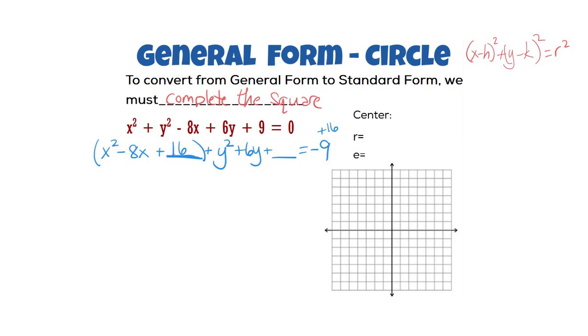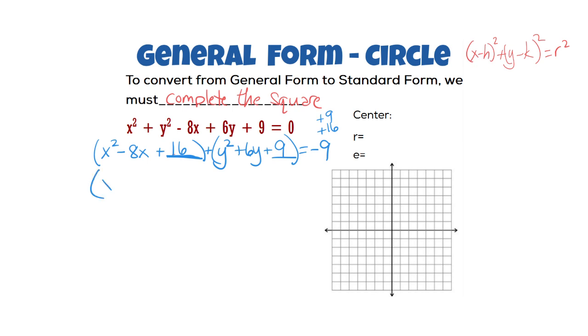Then I'm going to do it again with the y's. Half of 6 is 3, squared is 9. So if I'm going to put a plus 9 there, again, I'm just going to do these parentheses, but I probably won't ever do that again. Put a 9 there, got to put a 9 on the other side. What we've managed to do is create this nice trinomial that's going to factor as this binomial squared.